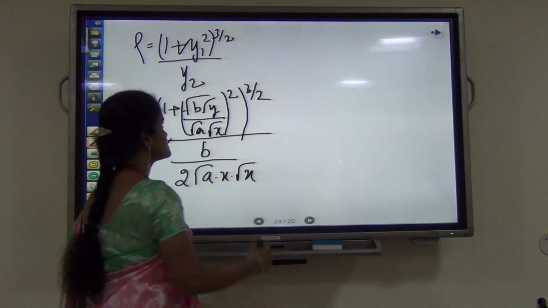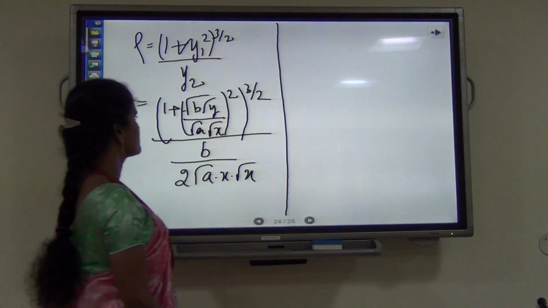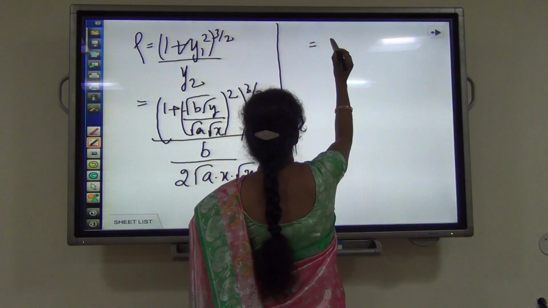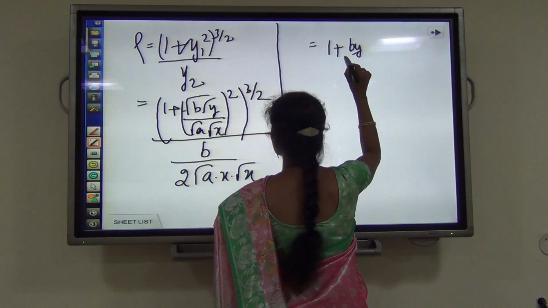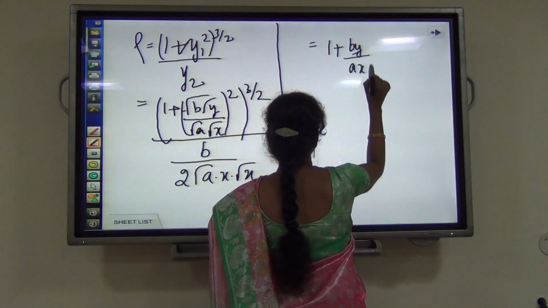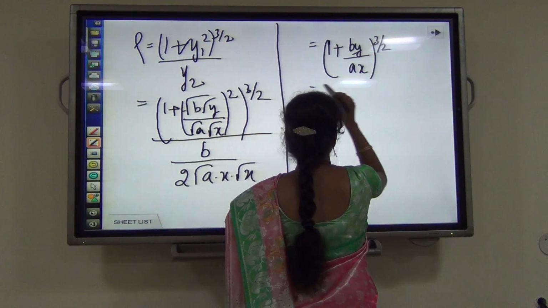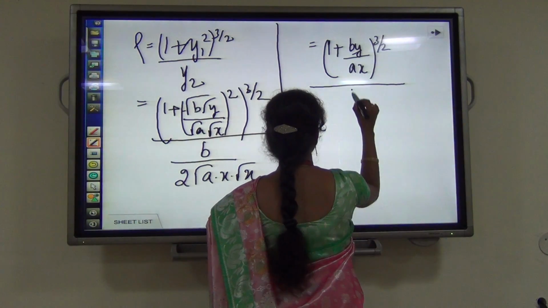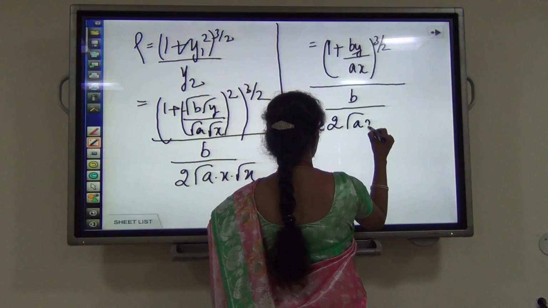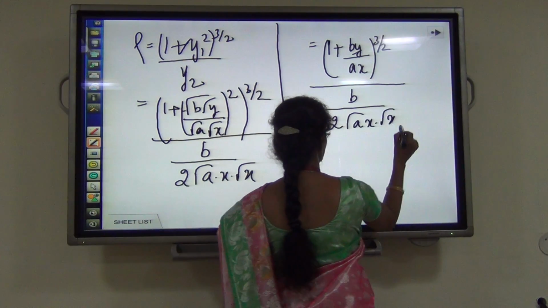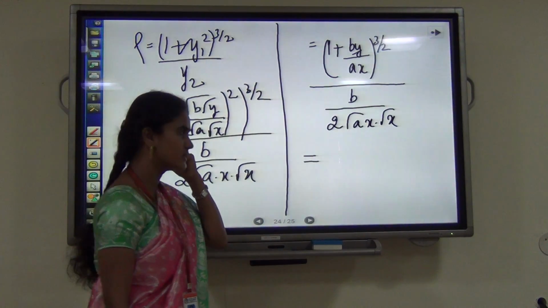Let us simplify this further. As we square, it's 1 plus by ax to the power 3 by 2 by b by 2 root of a x into root x, which is equal to, why don't we take LCM there in the numerator?